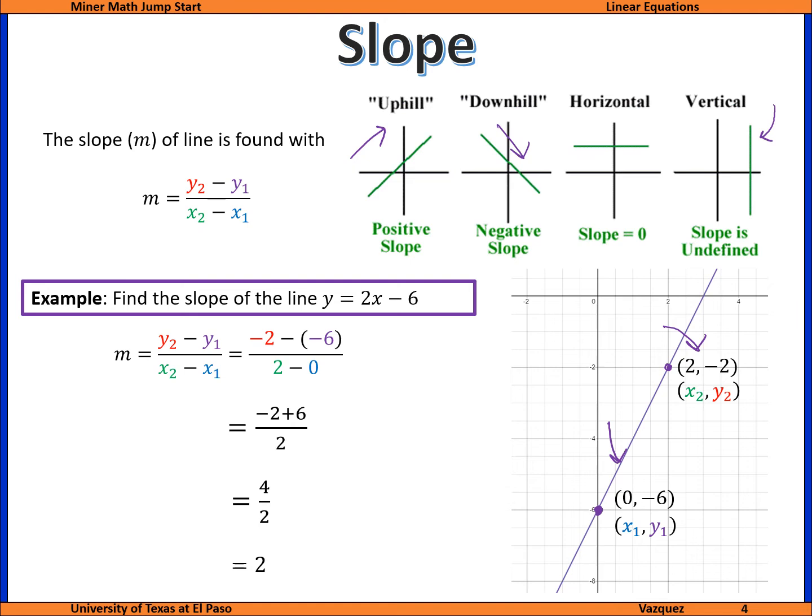So the slope of this line is 2. And as you can see that 2 there, we can see the slope is 2 just by looking at the equation, right? But if they had just given us a line, we would have to figure it out for ourselves, and we just did.